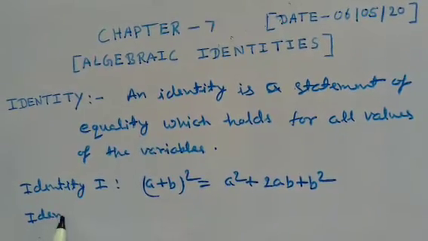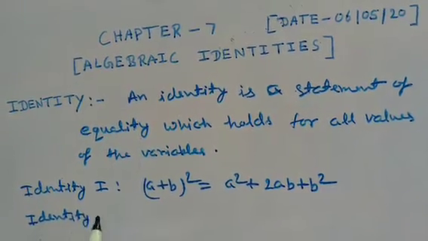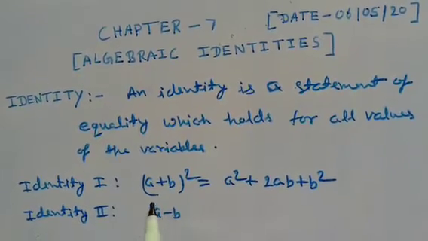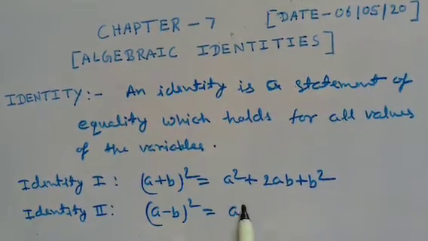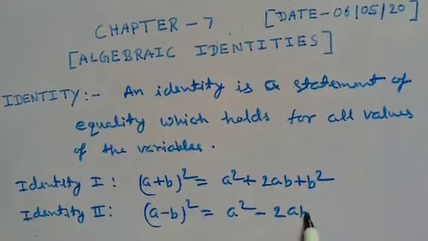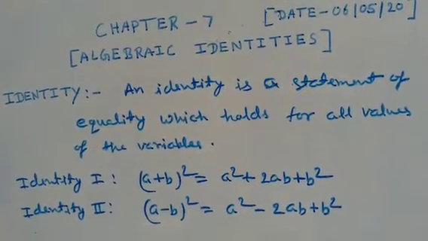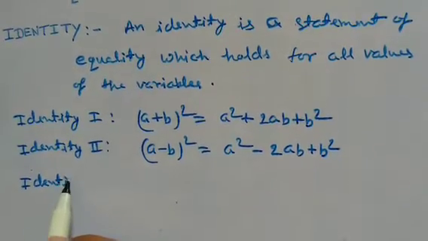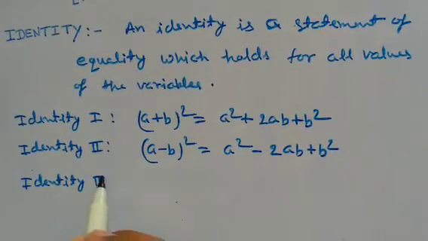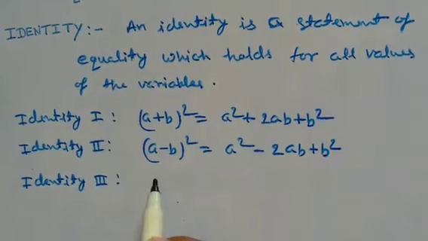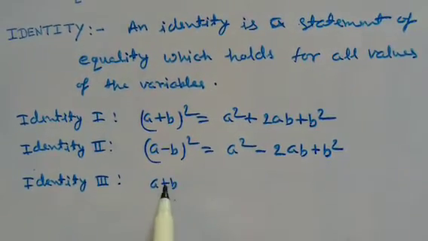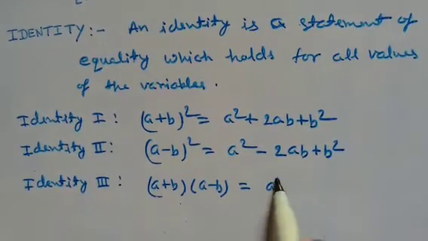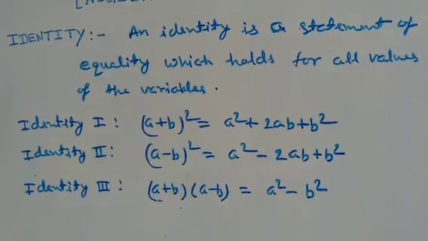Identity 2, (a minus b) whole square equal to a square minus 2ab plus b square. Identity 3, (a plus b) into (a minus b) equal to a square minus b square.